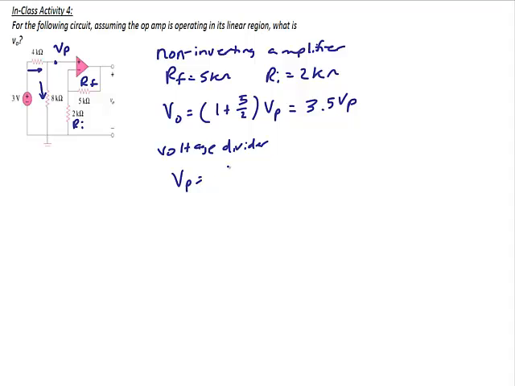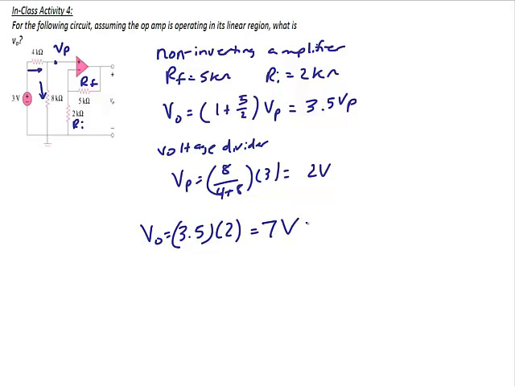VP would be equal to 8 over 4 plus 8 times 3, which is 2 volts. So now, if I want to find the output, it would be equal to 3.5 times 2, which equals 7 volts.